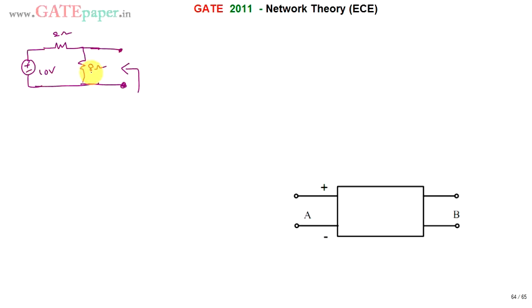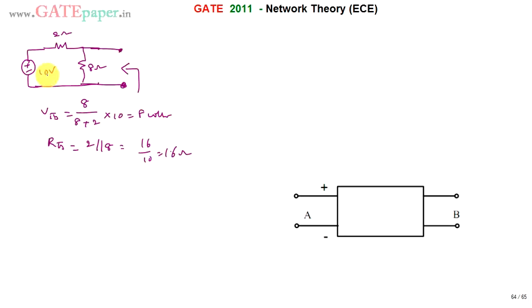So what can be the VTH and RTH? VTH is equal to the voltage across 8 ohms. Using the voltage division rule, you can write it as 8 by 8 plus 2 into 10. So 10 and 10 get cancelled, you will get 8 volts. And RTH for this circuit: the 10 volts is going to be shorted, so 2 and 8 will be in parallel. So 2 parallel 8 is 16 divided by 10, which is nothing but 1.6 ohms.